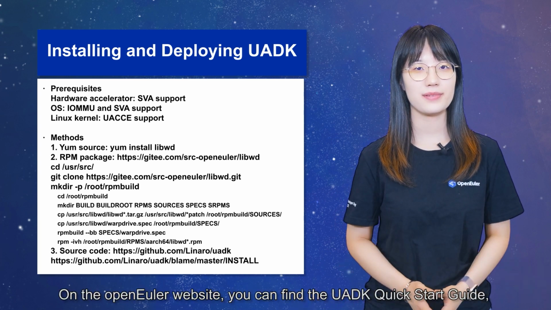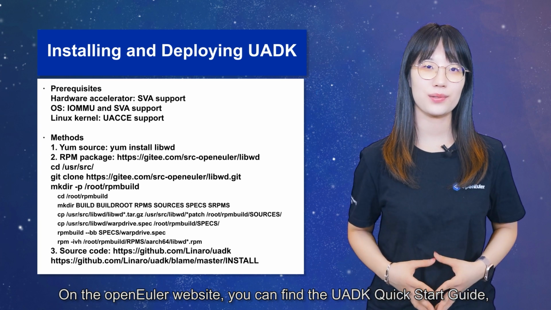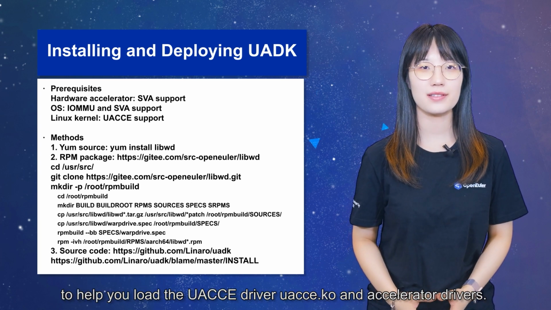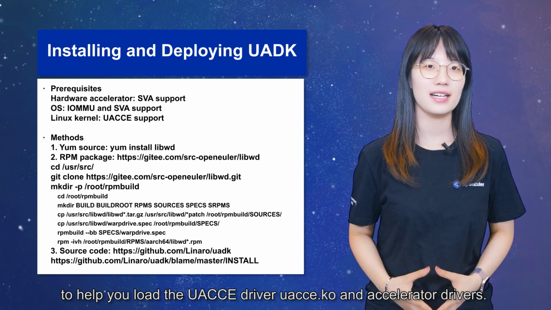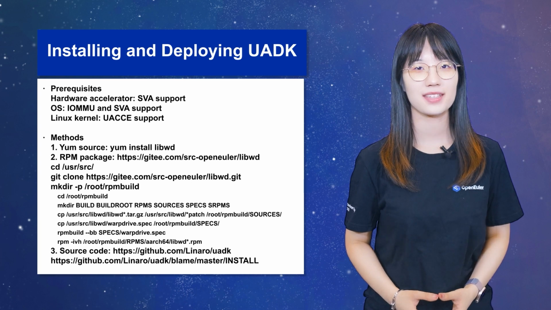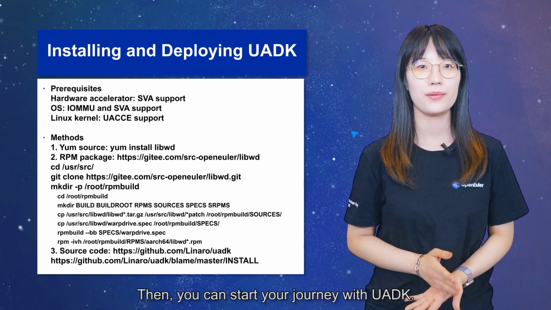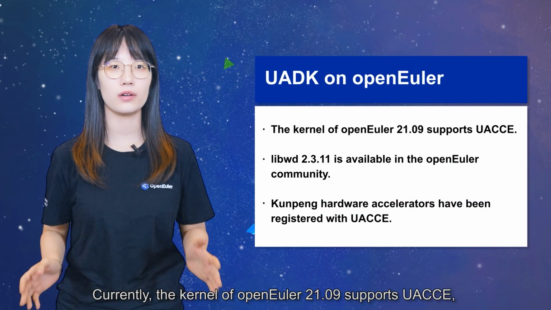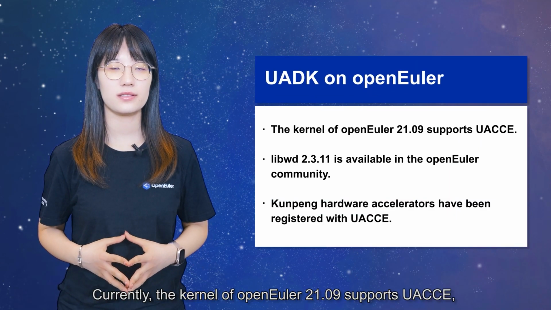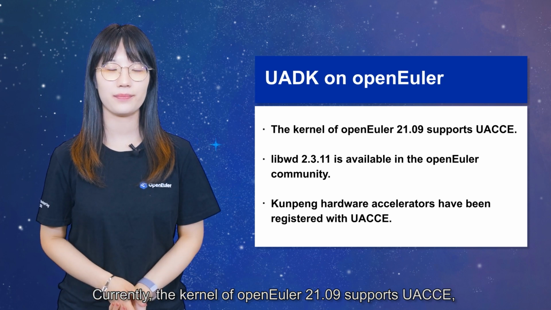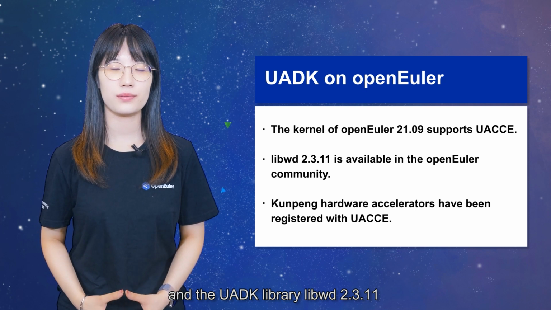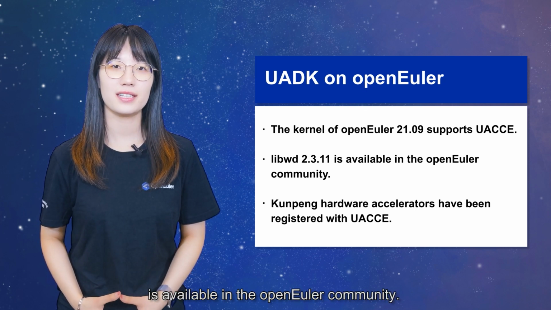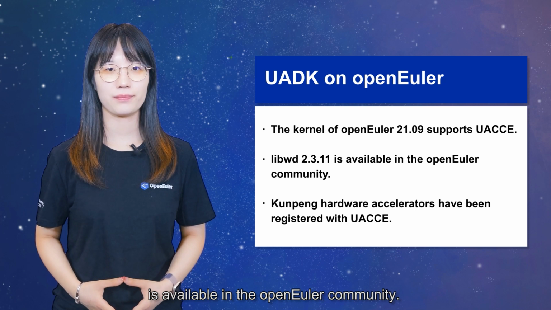On the openEuler website, you can find the UADK Quick Start Guide to help you load the UACCE driver, UACCE KO file, and accelerator drivers. Then, you can start your journey with UADK. Currently, the kernel of openEuler 21.09 supports UACCE, and the UADK library libwd 2.3.11 is available in the openEuler community.